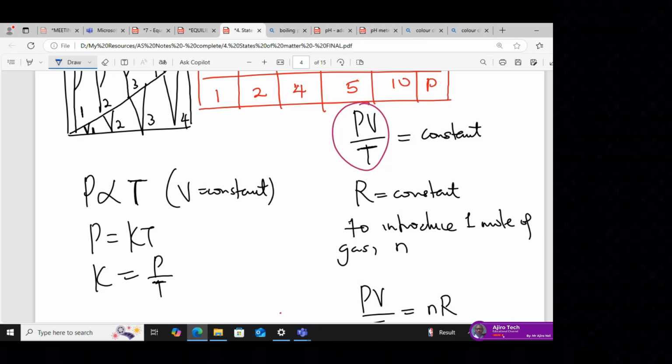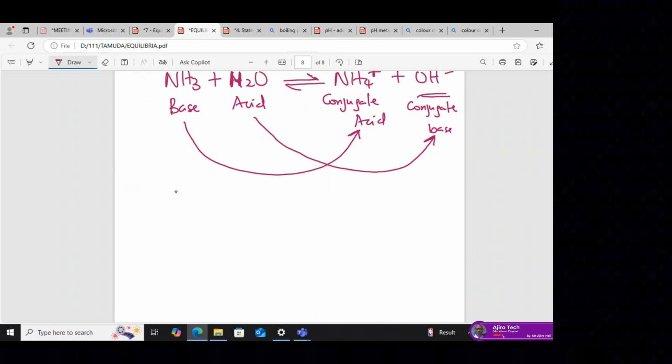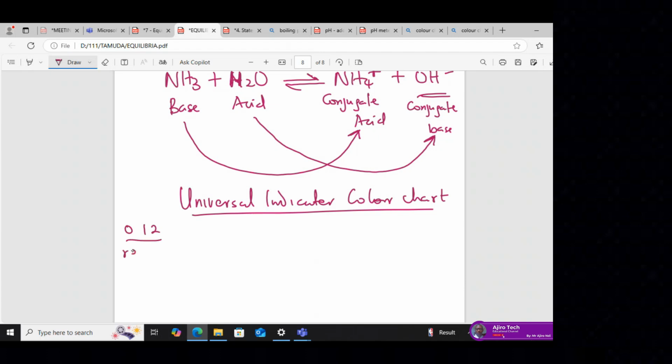Let me just make a kind of summary. Universal indicator color chart. pH 0, 1, 2 red; 3, 4, 5, 6 orange or yellow; 7 green; 8 to 11 blue; 12 to 14 purple.